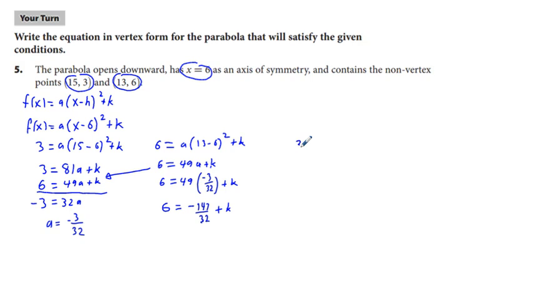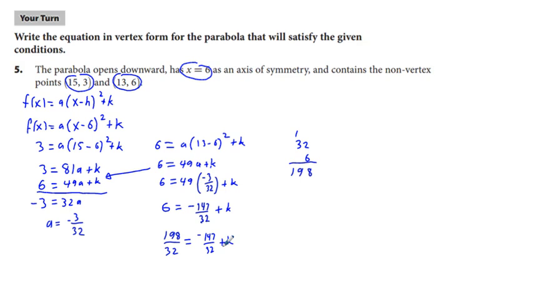Let's see, 32 times 6 is 192. So we get 192 over 32 equals negative 147 over 32 plus k.